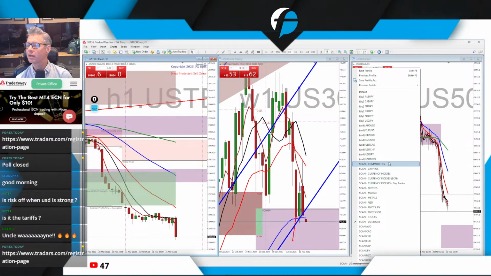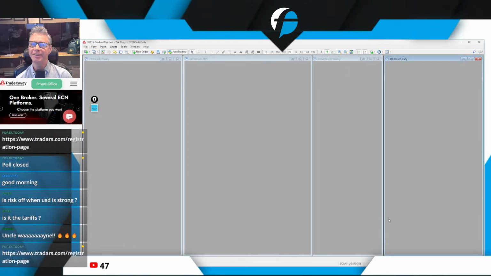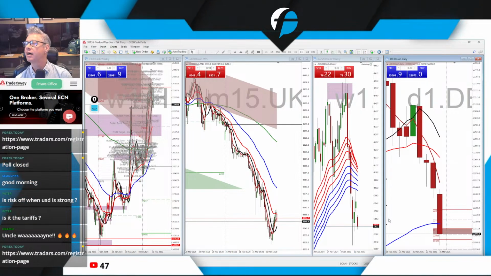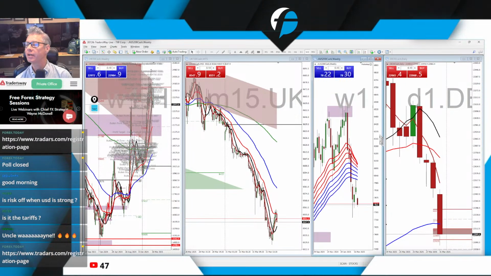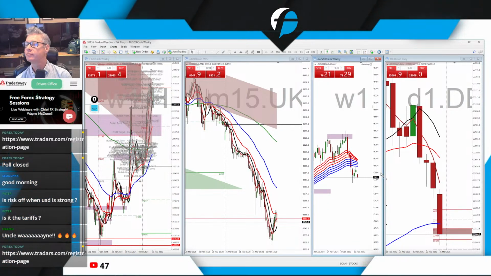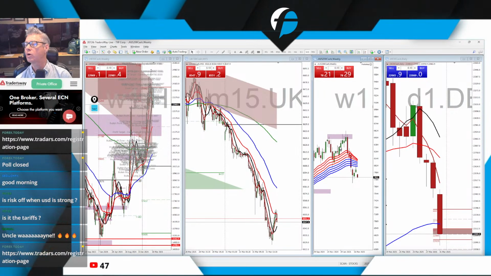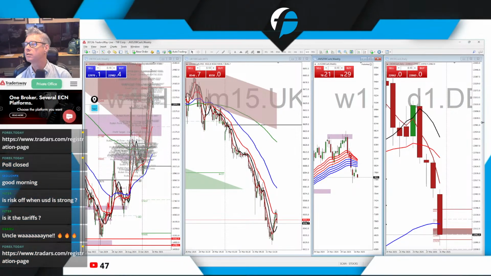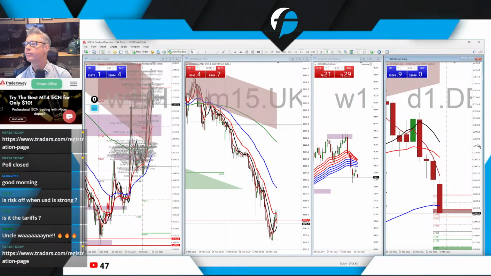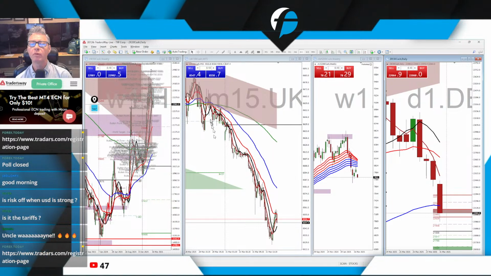Let's take a look at, you want to see something even worse? Nikkei. I don't have Nikkei here. Anyways, look at that double top on the ASX. No, I wanted to look at Nikkei.